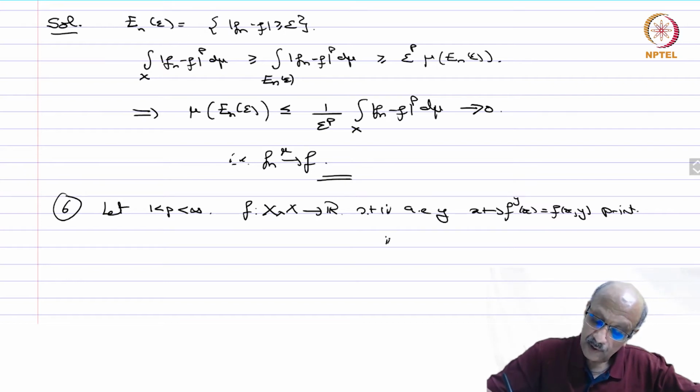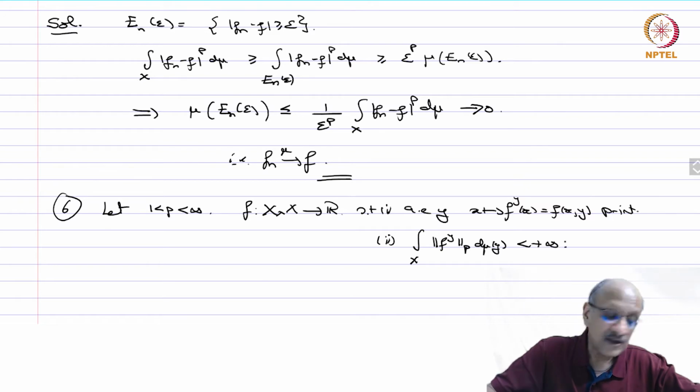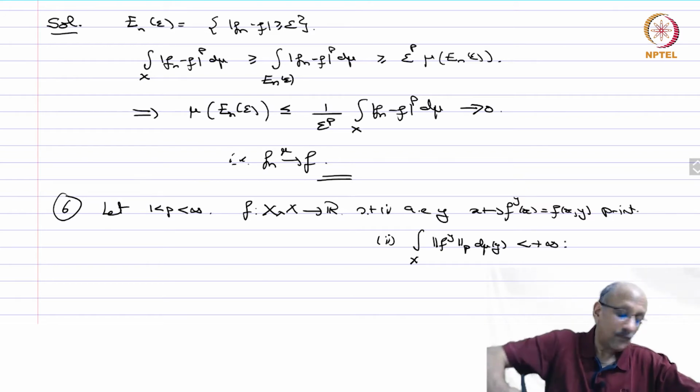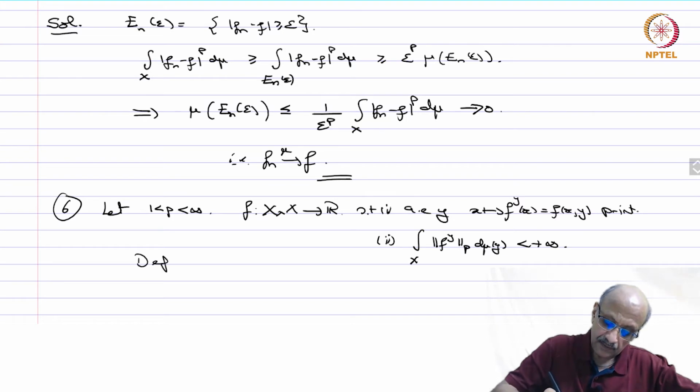Since it is p integrable, we can take the norm of f_y in L^p, and if you integrate that over X with respect to y, d mu(y), that is given to be finite. So these are the hypotheses.